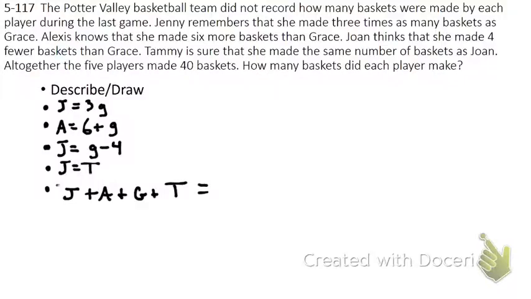If we add up all of their baskets, they made 40 baskets in total. Okay, now we do have a bit of a situation in which we can, in fact, draw an image for this. So let's try starting with just Grace. As we said, a lot of people compared themselves to Grace.